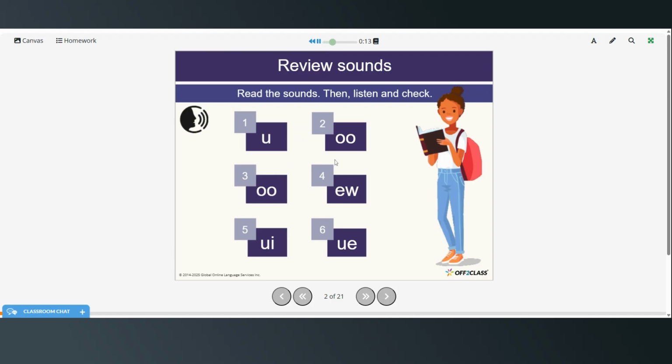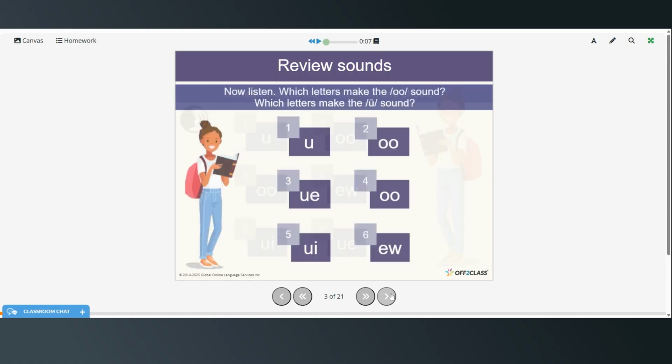Uh, uh, ooh, ooh, ooh, ooh. Alright, so which letters make the sound and which letters make the sound?